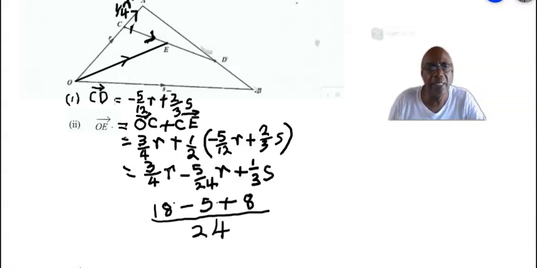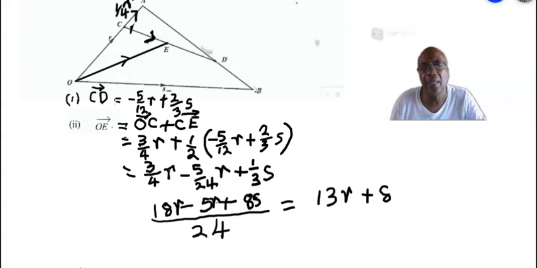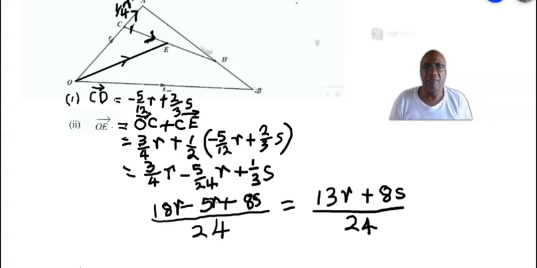Let's put the letters. So it's 18R minus 5R plus 8S. And 18R minus 5R is 13R. The plus 8S. Over 24. And that is vector OE.